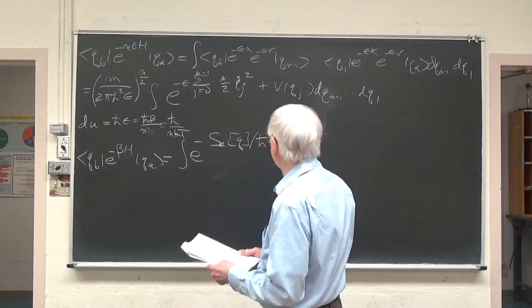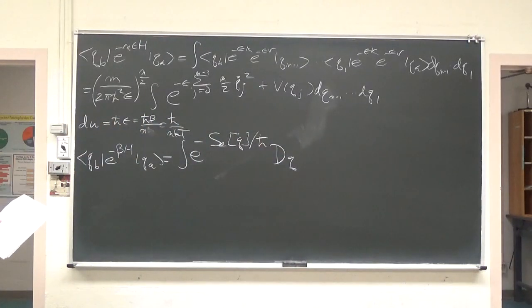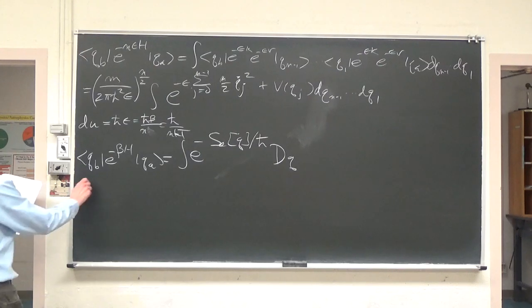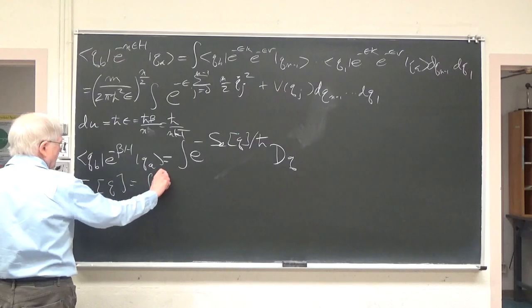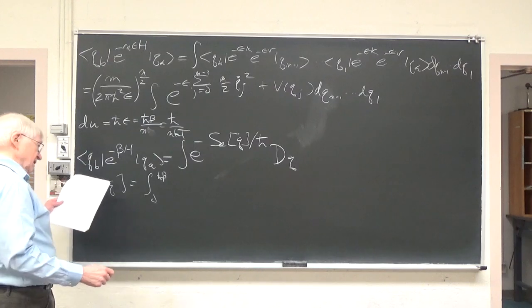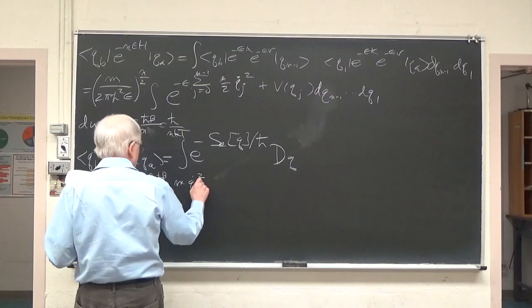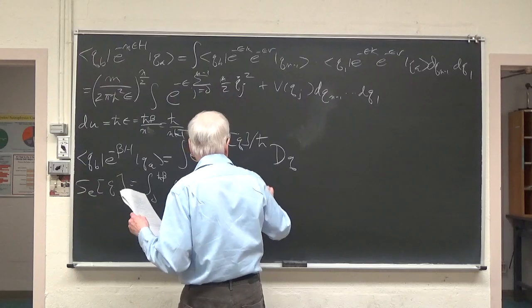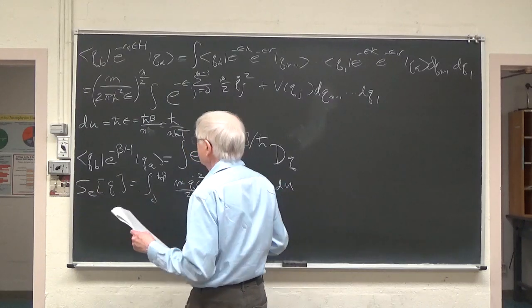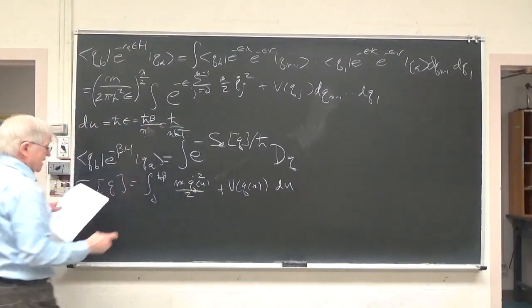In any event, if we do use this notation, and I don't think I could try to change notation on the fly, then this is the formula where S sub E of Q is an integral 0 to h bar beta of m q dot squared of u over 2 plus v of q of u du, where du is h bar beta over n.